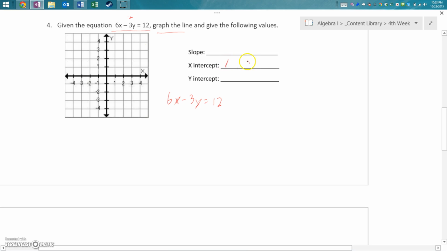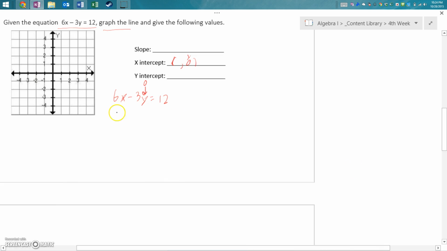So for instance, for the x-intercept here, I can just go in and say, all right, y value has to be 0, so if I put in a 0 for my y value, then all I'll have left is the 6x and the 12. That's it. Y's gone because of the 0. Solve it out. Okay, my x value has to be a 2.